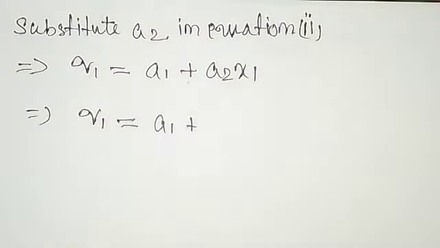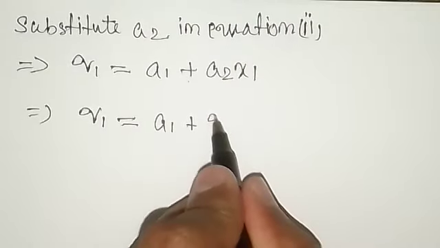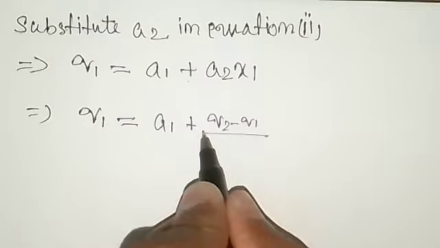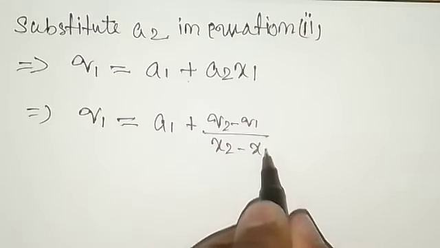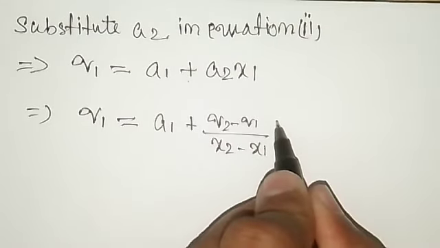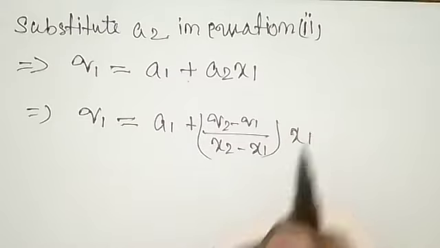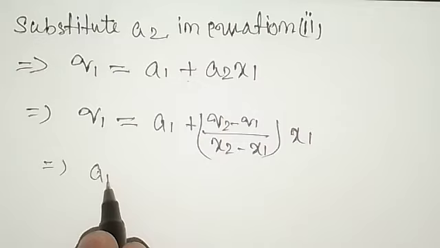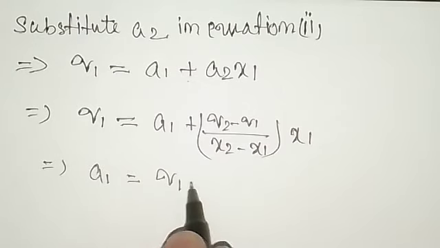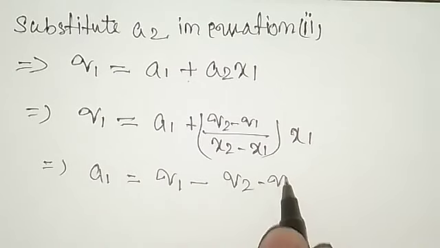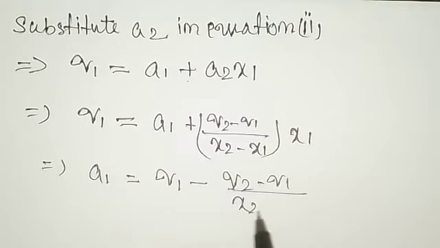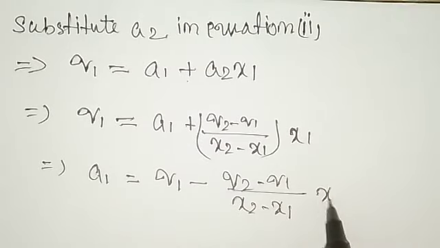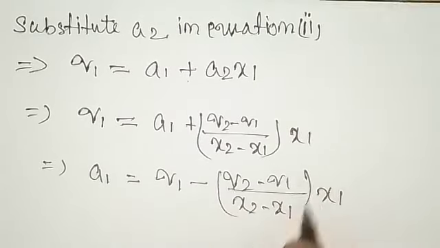So then a1 is equal to q1 minus a2 x1, where a2 is just now modified as q2 minus q1 by x2 minus x1, into x1, right? So a1 is equal to q1 minus q2 minus q1 by x2 minus x1 into x1, all right?